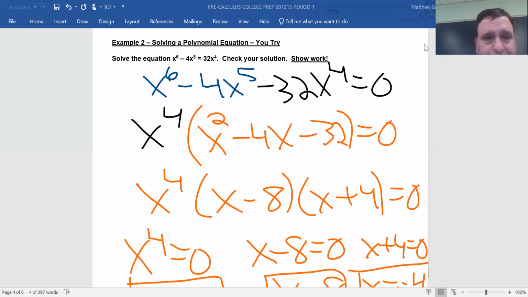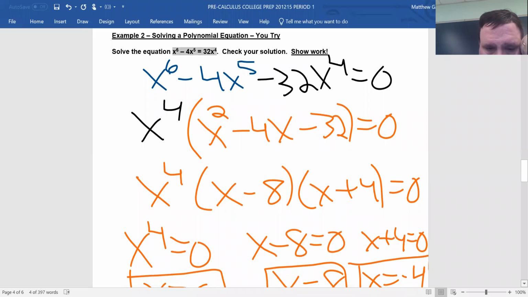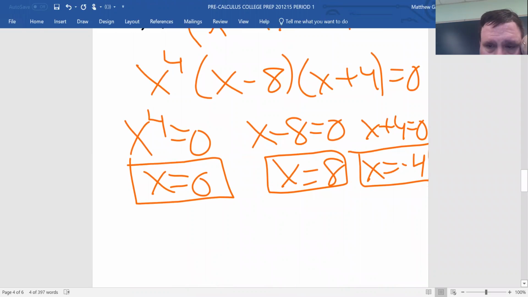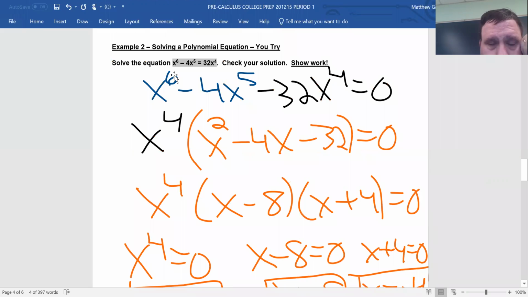Okay, so your three answers here, first of all, let's start there: 0, 8, and -4. So one thing on the notes we'll mention is, in a polynomial equation, as I've said time and time again, you have to set the equation equal to 0.